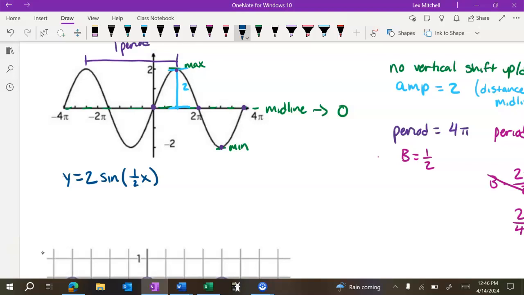If I wanted to include a phase shift, if I wanted to write a cosine equation, right? So cosine starts at the max, or at the min if you're doing negative cosine. So if I wanted to write a cosine equation, let's say I wanted to start at this point right here, I would set it up the same way. I would still have y equals 2 cosine of 1/2 x.